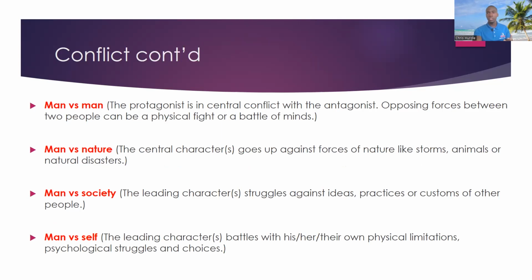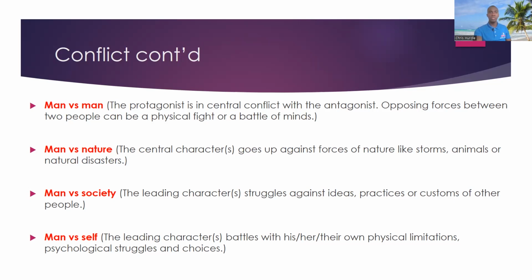So internal just means that the problems arise from within the individual, and external means the problems arise from outside the individual, right? So these are examples of conflict. So man versus man. Obviously, this would be an example of external conflict, right? So the protagonist is in central conflict with the antagonist.